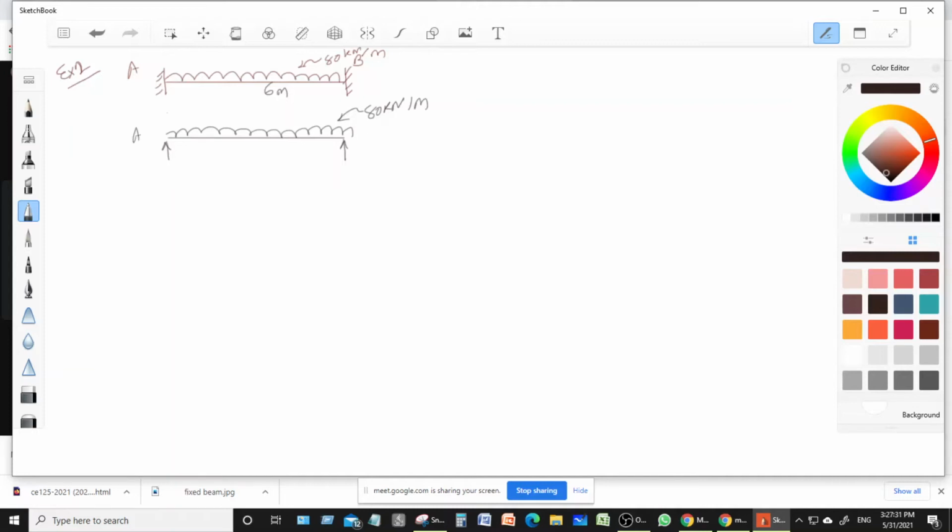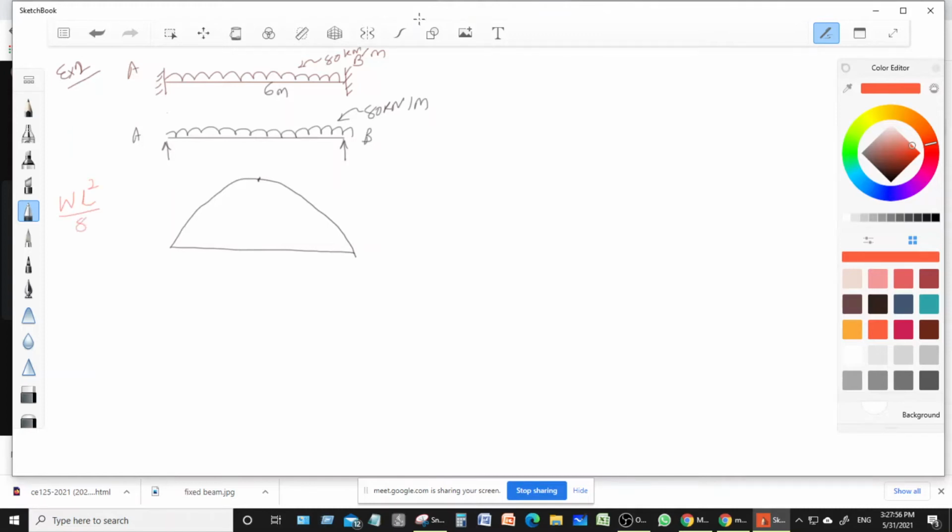As we know, a simply supported beam subjected to UDL load gives a parabolic curve, and the maximum moment occurs at the mid span. The value of that moment is WL square by 8.